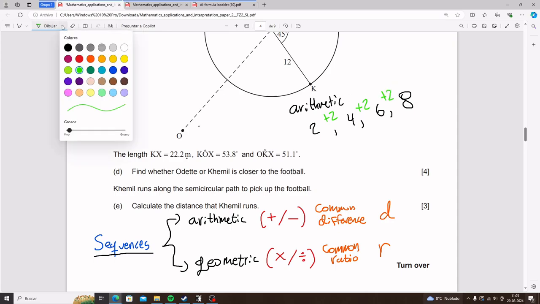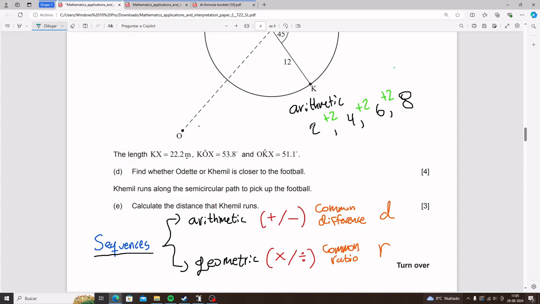And just to talk a little bit about the language and vocabulary that can show up for this exercise, this first one is what we will call U1, as in the first term, okay? This 4 is going to be U2. This is going to be U3. This is going to be U4.